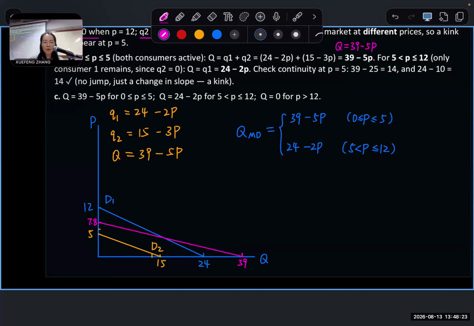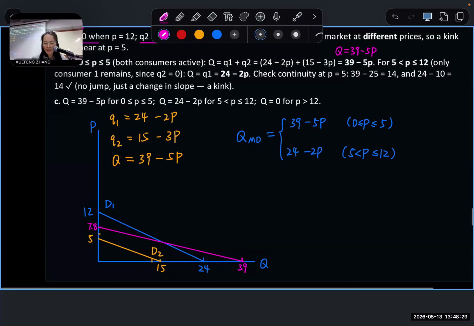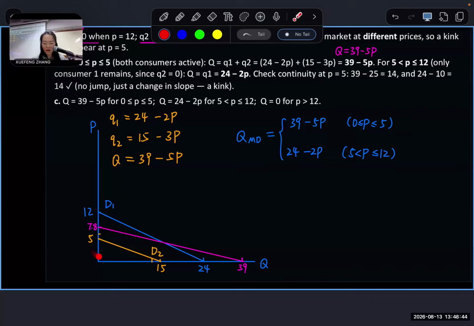So let's see, what is the market demand? Basically, we have the price point at 5. Only look at the lower part first. If price is between 0 and 5, how many consumers will buy?